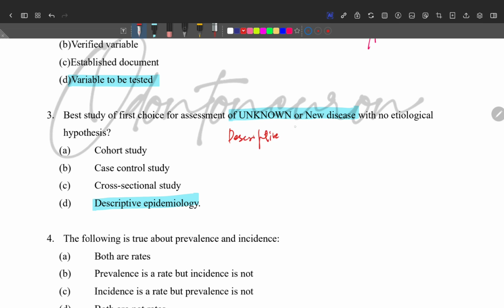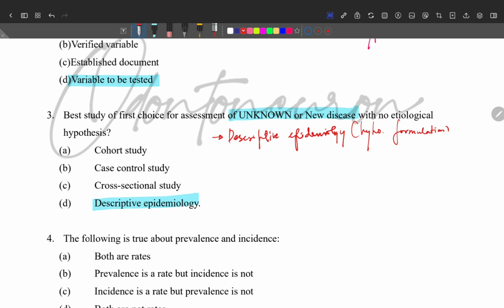Sorry for my spelling. Descriptive epidemiology is the stage in which you do hypothesis formulation.